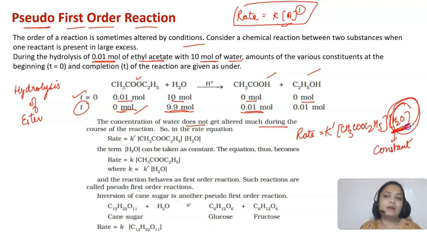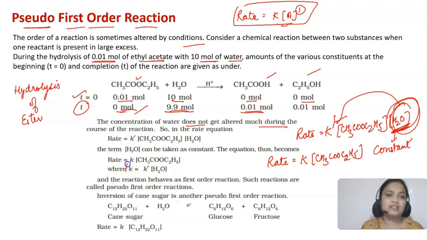And if we multiply a constant with some constant, we will get another constant. So K dash into concentration of water we can write as K, and it will be only dependent on the concentration of the ester. Okay, so K is K dash into concentration of water. So see, this reaction was not actually a first order reaction, but it appeared to be, right?